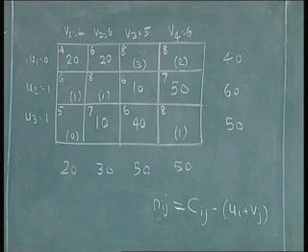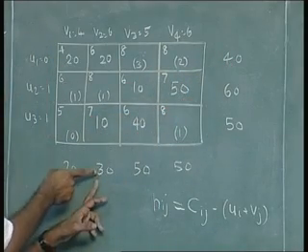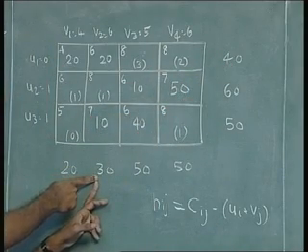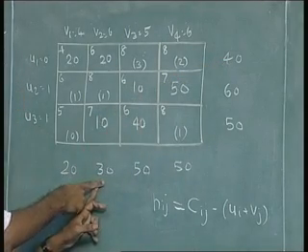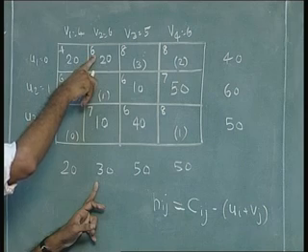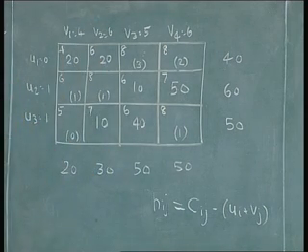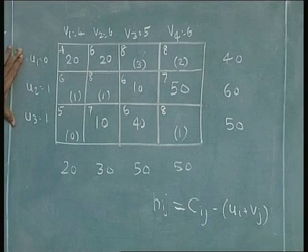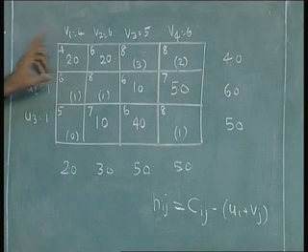For example, if the middle person is going to buy from here and sell to here, then the difference between the buying price and the selling price should be equal to the cost of transporting, which is 6. So the dual variables are interpreted as the marginal worth of the commodity at the supply points and the marginal worth of the commodities at the destination points when it comes to buying and selling respectively.